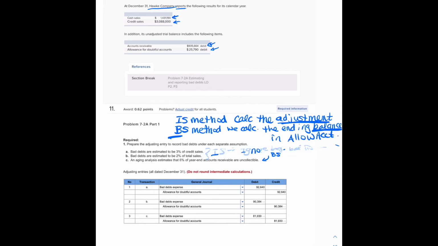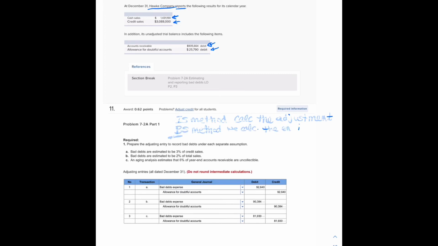So now we'll clear out all this just to clean this up a little bit, and then we'll dig into the numbers related to this question. So what we see here is for situation A, they say bad debts are estimated to be 3% of credit sales. So be very careful that you read that closely, and you do see that it is just the credit sales.